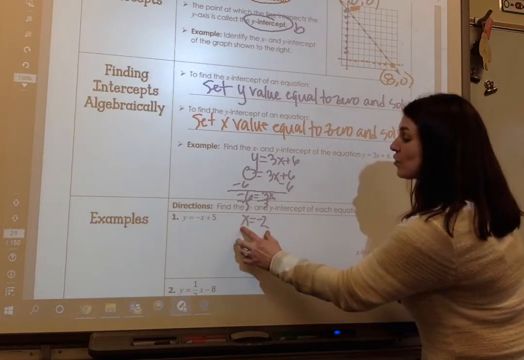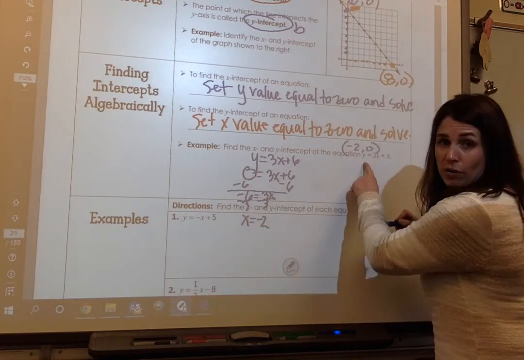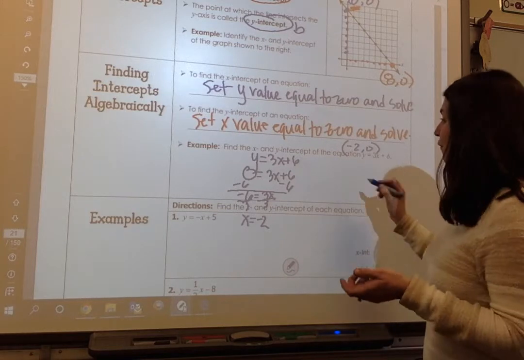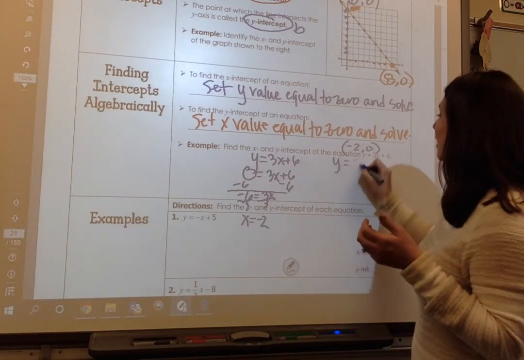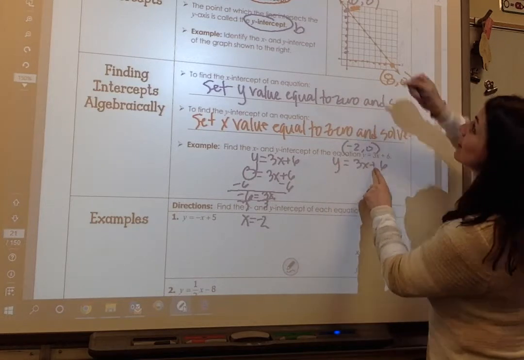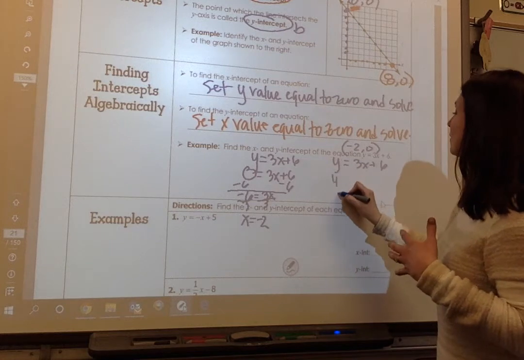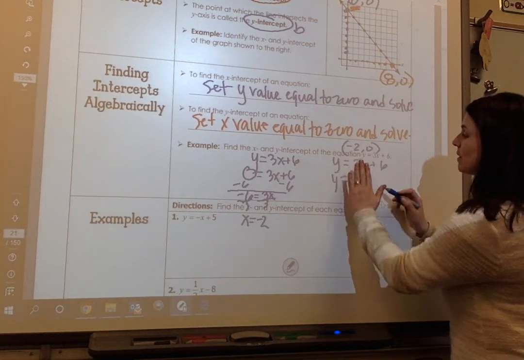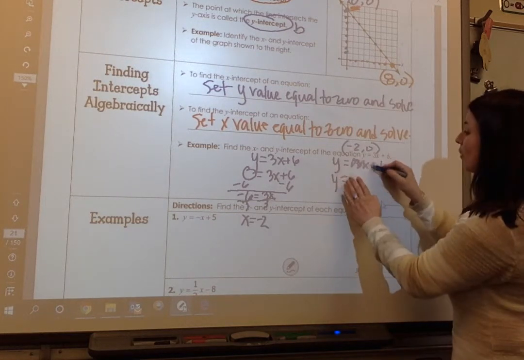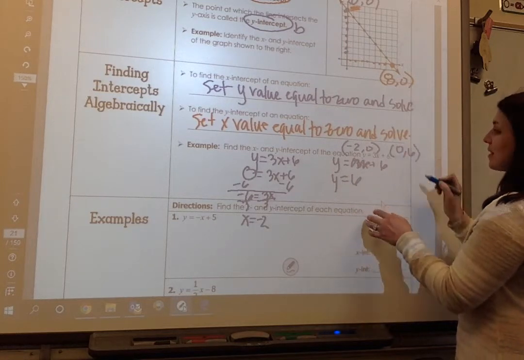So my x-intercept is -2, 0. That's my ordered pair. And then to find my y point, I'm going to set x equal to 0 and solve for y. So 3 times 0 is 0. That covers up. And then y equals 6. So when x is 0, y is 6.